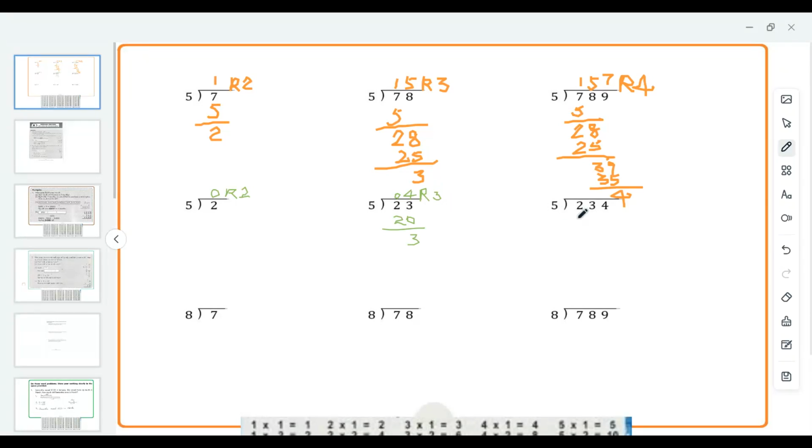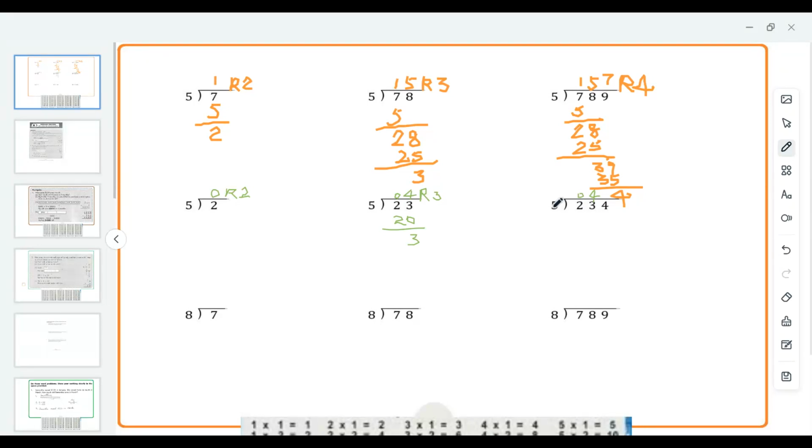Next one, 234 divided by 5. Okay, 2 is too small for the 5, so we write a 0 here. We take 23. 23, there are 4 5's in 23.